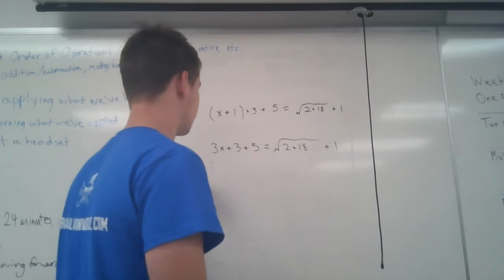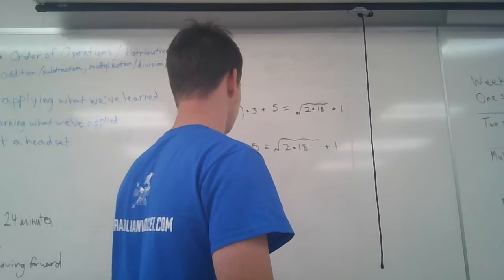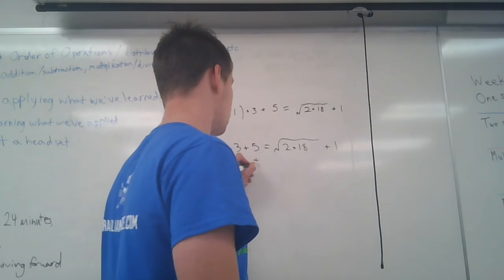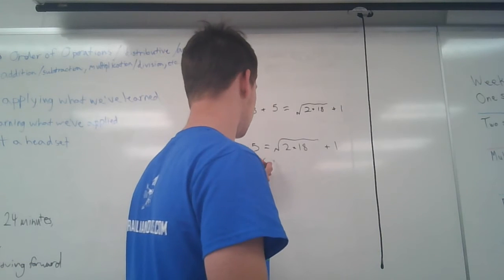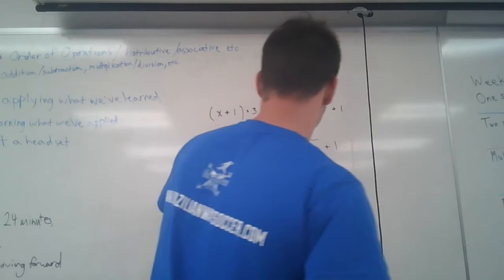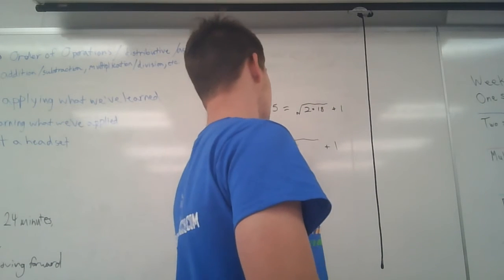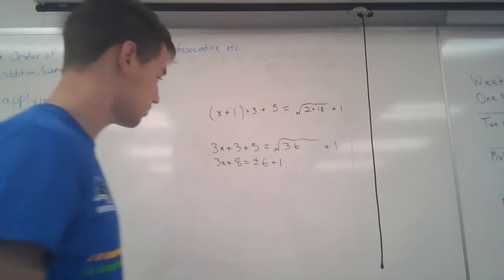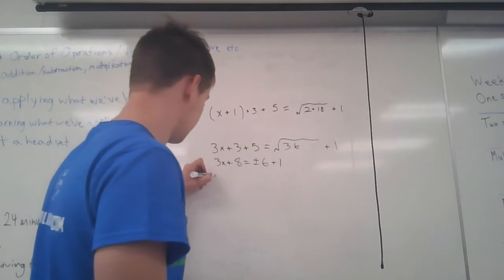Now we get 3x plus 8 equals plus or minus, got to be careful with that one, 6 plus 1. Since we could instead replace the square root of 2 times 18 with the square root of 36, which is their product, so now we have two cases.